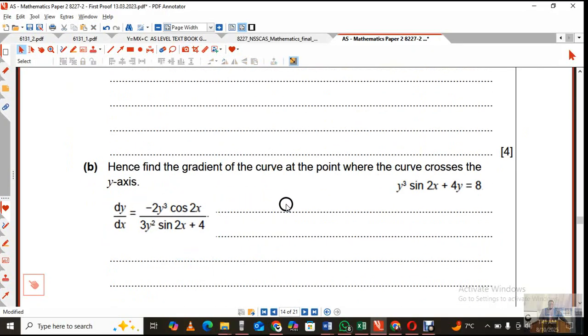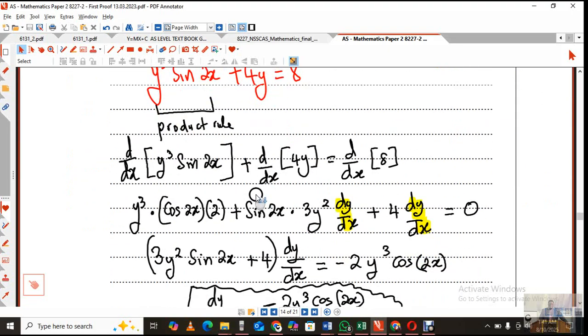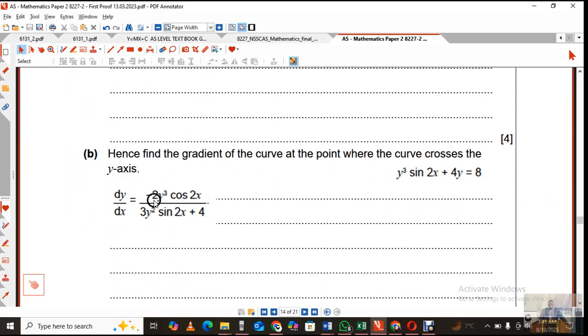Now you would see that I also took the original function, which was y cubed sine 2x plus 4y is equal to 8. The reason for that is this is the gradient, this is m, but they are saying find the gradient of the curve at a point where the curve crosses the y-axis.